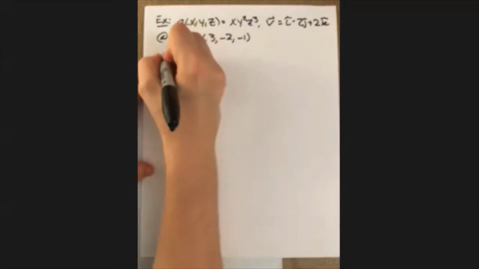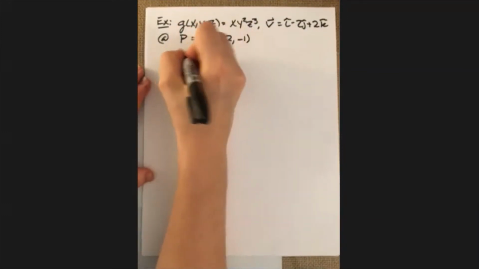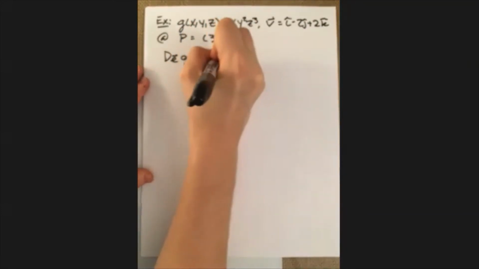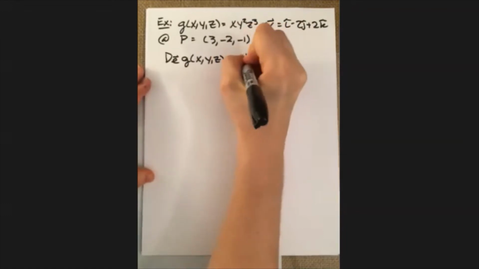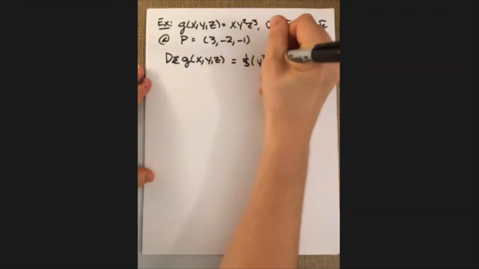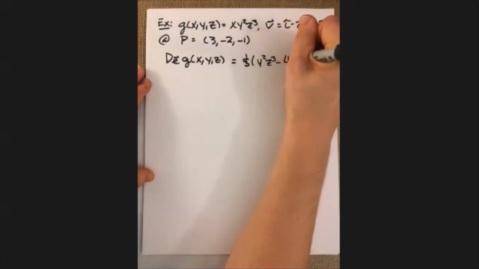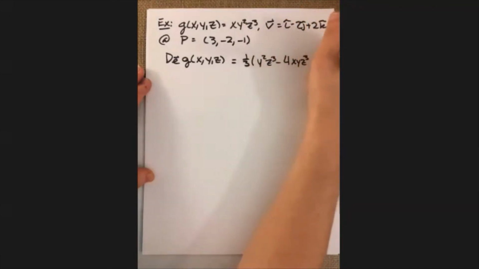From earlier, we had said that the directional derivative for this particular function in the direction of the vector given is equal to 1/3 (y squared z cubed minus 4xy z cubed plus 6xy squared z squared), just like so.